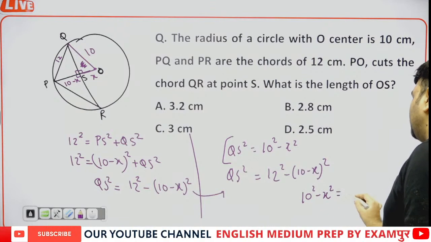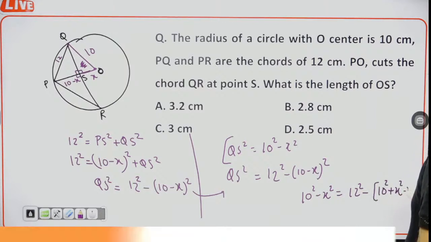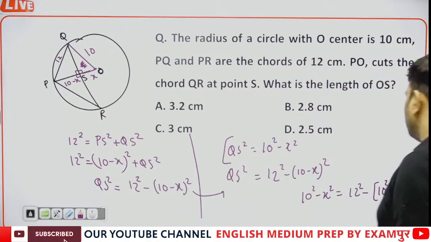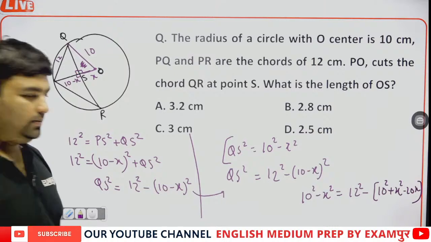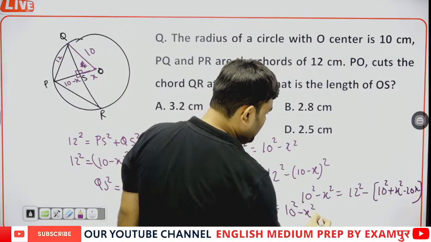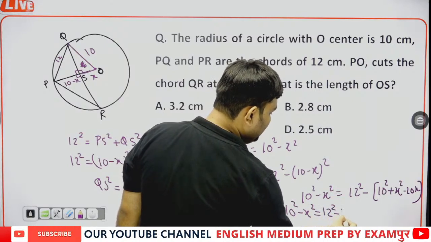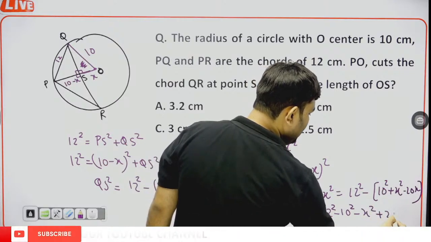10 square minus x square is equal to 12 square minus 10 square plus x square minus 20x. It's over. 10 square minus x square is equal to 12 square minus 10 square minus x square plus 20x.